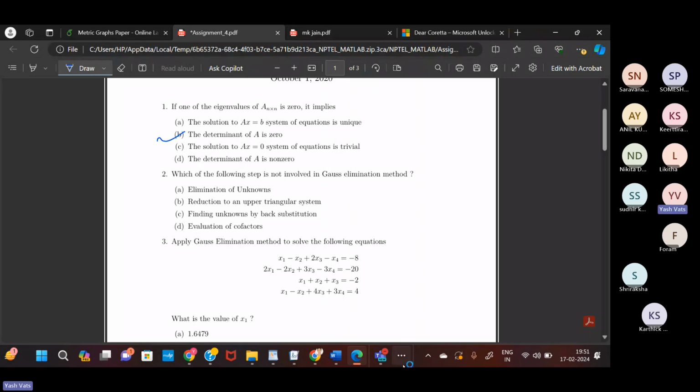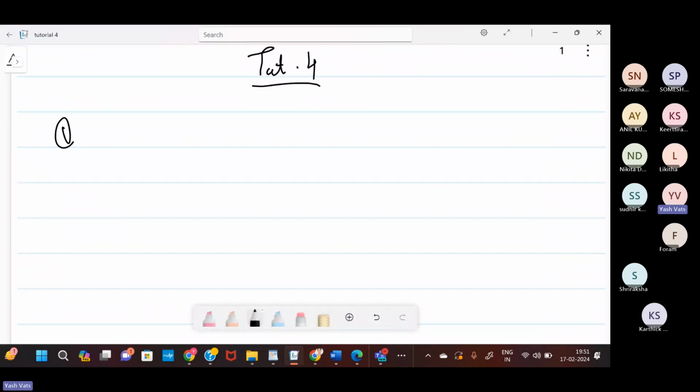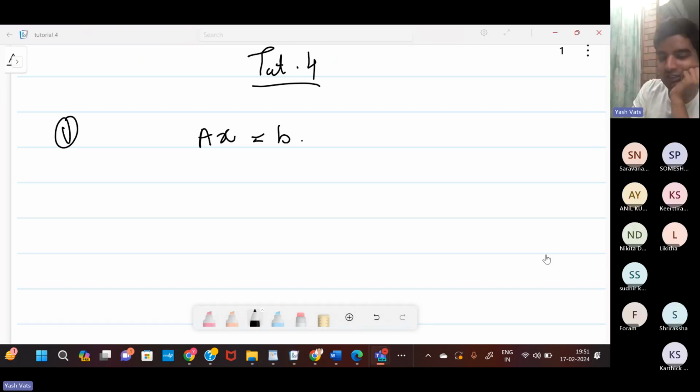Okay. Let me write. So first, AX is equal to B. Does this equation have a unique solution? If someone asks you whether this equation has a unique solution, yes, if A is invertible.